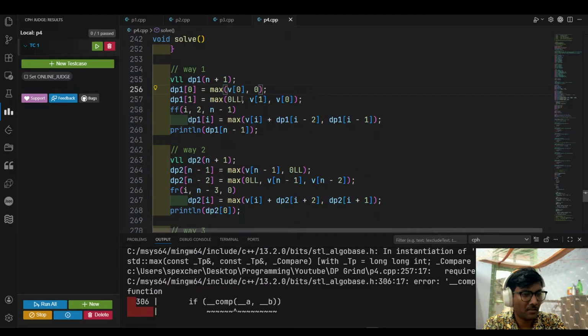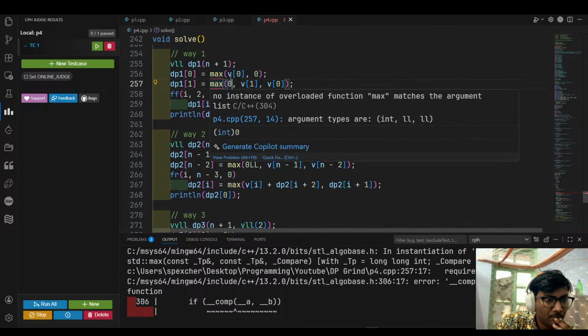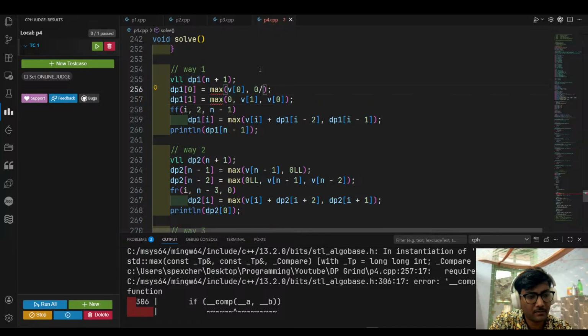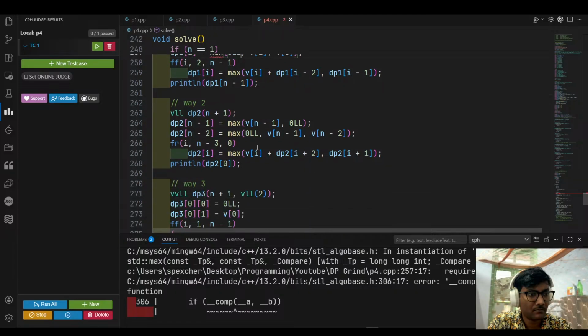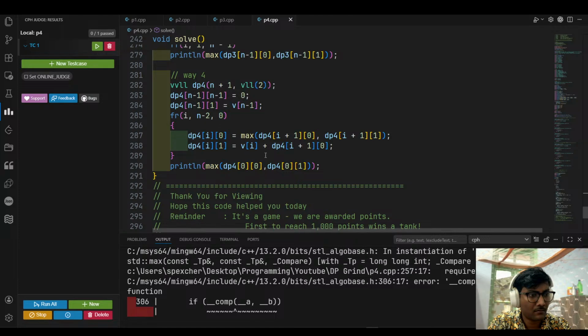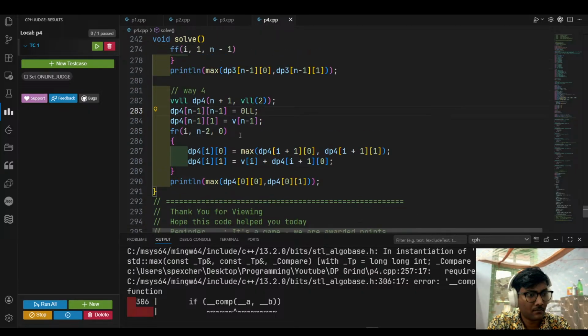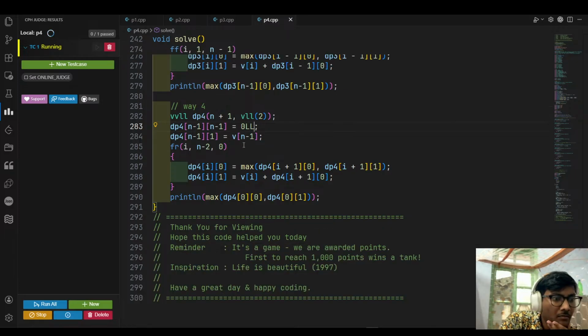You can just normally use 0. Yeah, I think 0 LL is required. Already compare. Will it work now?